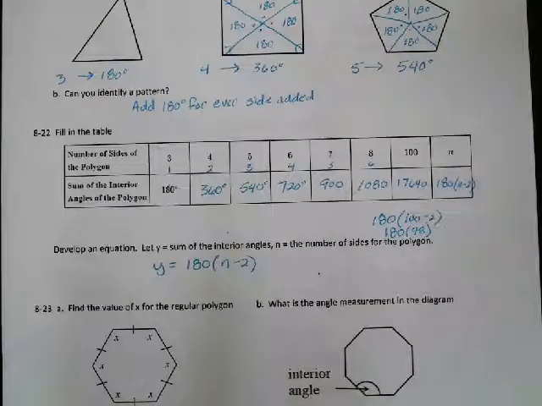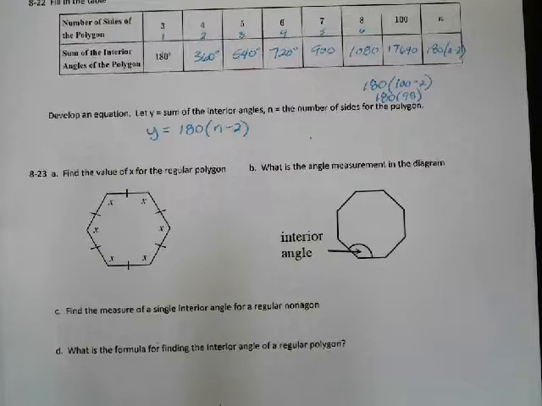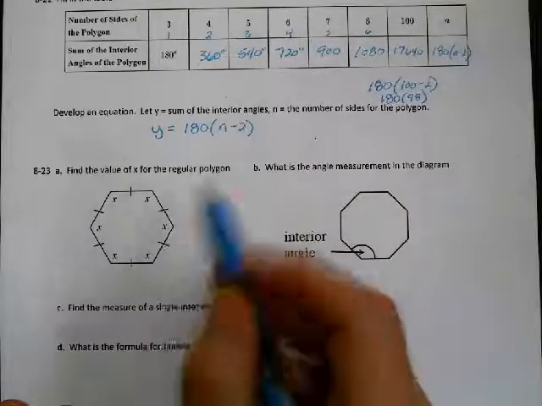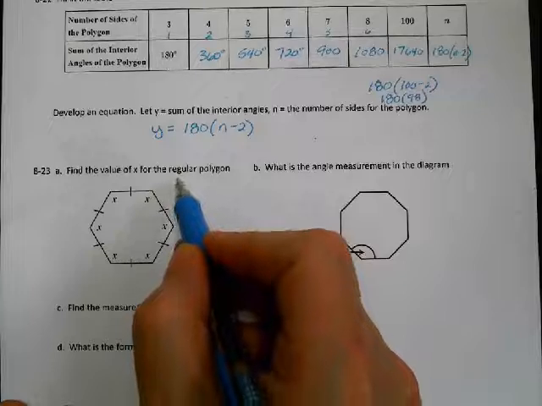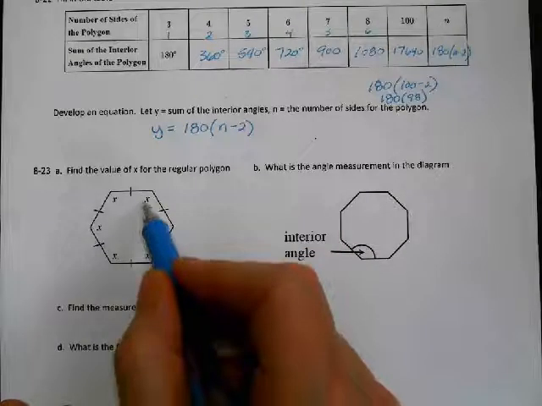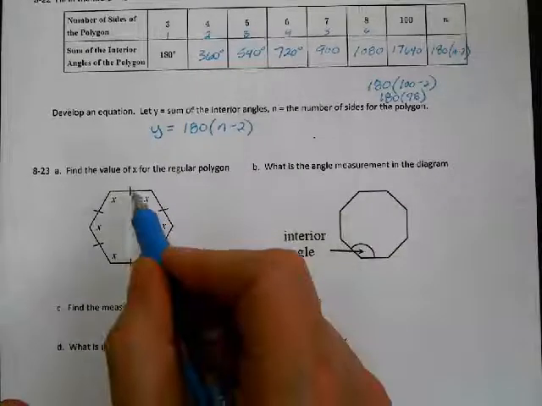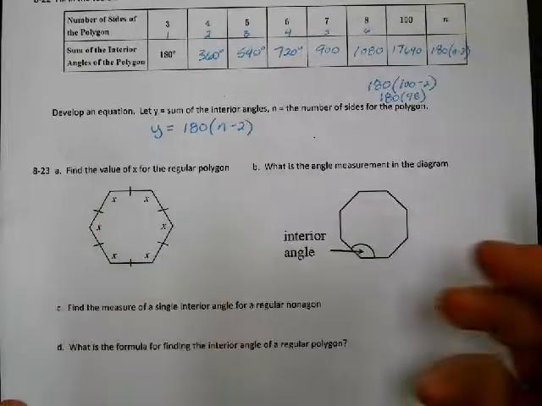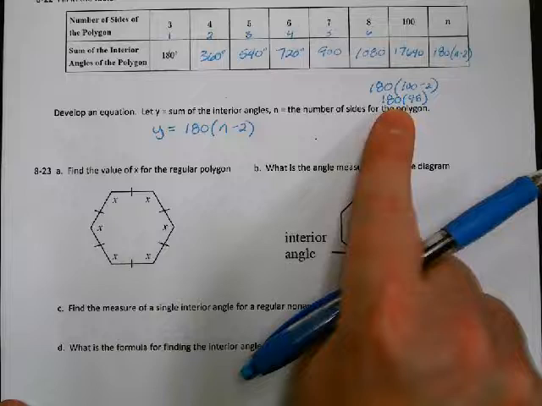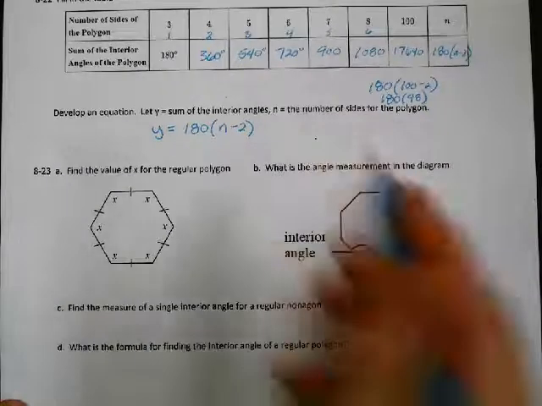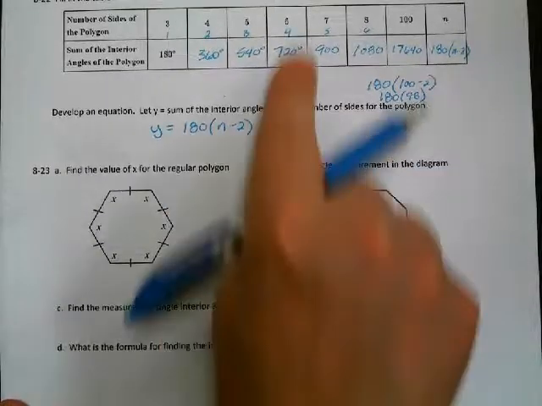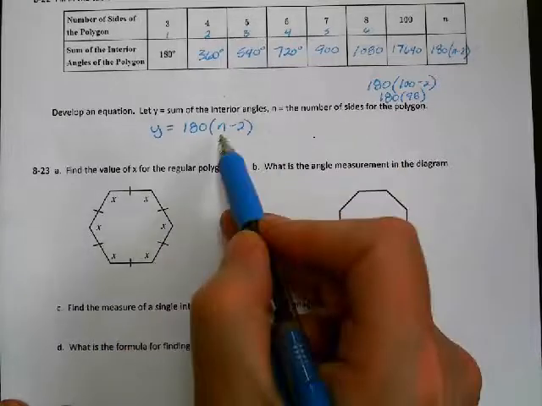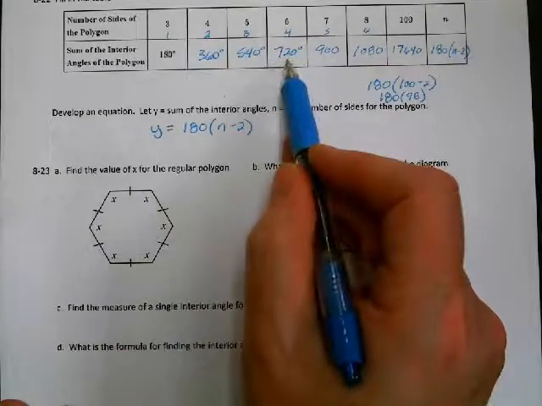Moving on. Find the value of x for the regular pentagon. Okay, so regular means that all the angles are the same and all the sides are the same. Let's count up all of our sides here. I've got 1, 2, 3, 4, 5, 6. I've got 6 sides. So using the formula that we've developed, up here on my chart it says I should get 720.